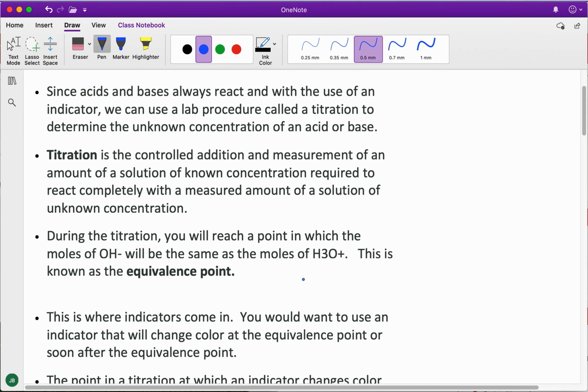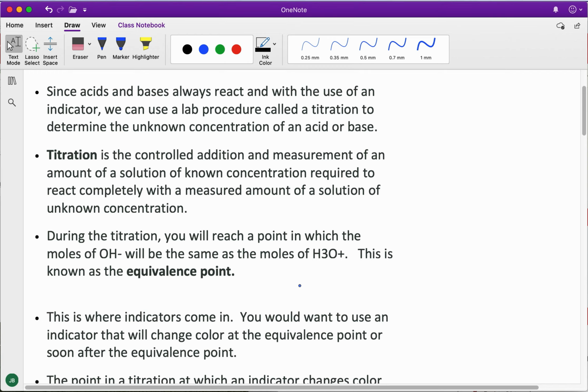So in a titration, you have two things. One is going to be a solution, once again, either an acid or a base, where you know the concentration of it. And you are going to put that in your burette. Now I'm going to show you a picture of that in just a moment. In your Erlenmeyer flask, below the burette, is going to be a known amount of an unknown concentration, once again, of either an acid or a base.